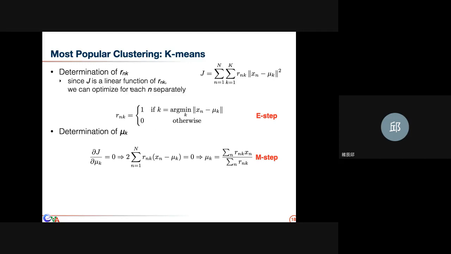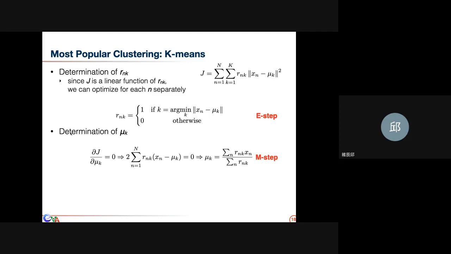Because J is just a linear function of r_nk, we can optimize for each n separately. So r_nk equals 1 if k is the argmin of this Euclidean distance, and 0 otherwise. This is what you use in the E step.